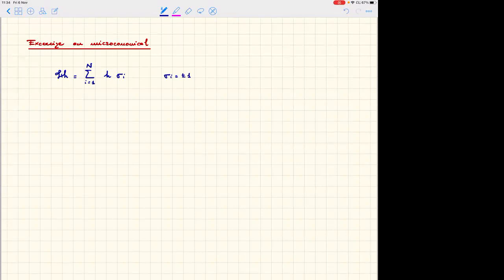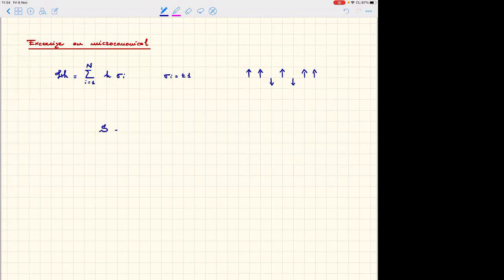So this is the Hamiltonian that describes a bunch of non-interacting spins in a magnetic field, right? You agree? Now I want to compute the entropy for this Hamiltonian.